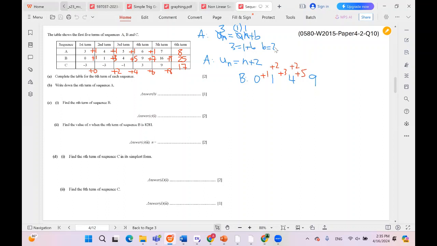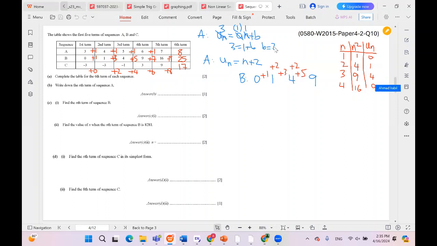We have n, n squared, and un. We have 1, 2, 3, 4, 1, 4, 9, and 16. And un is 0, 1, 4, 9.